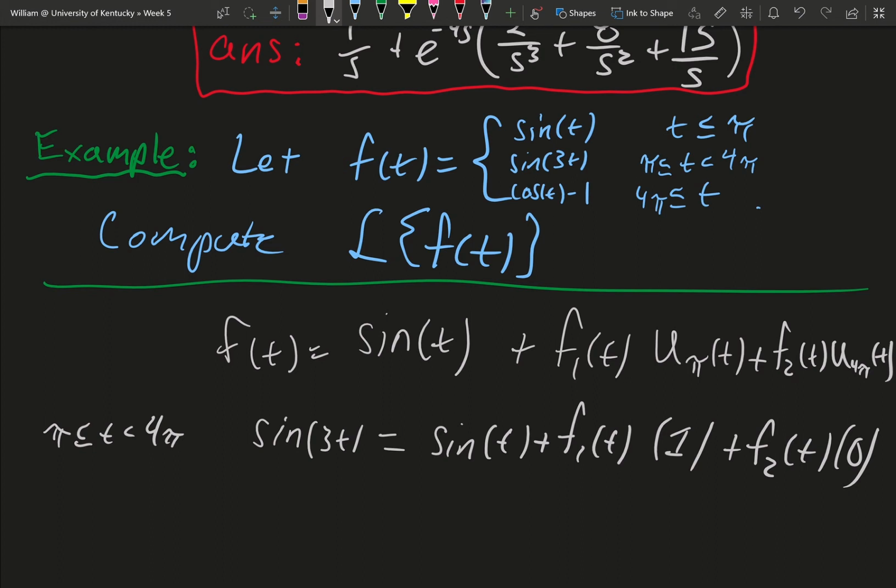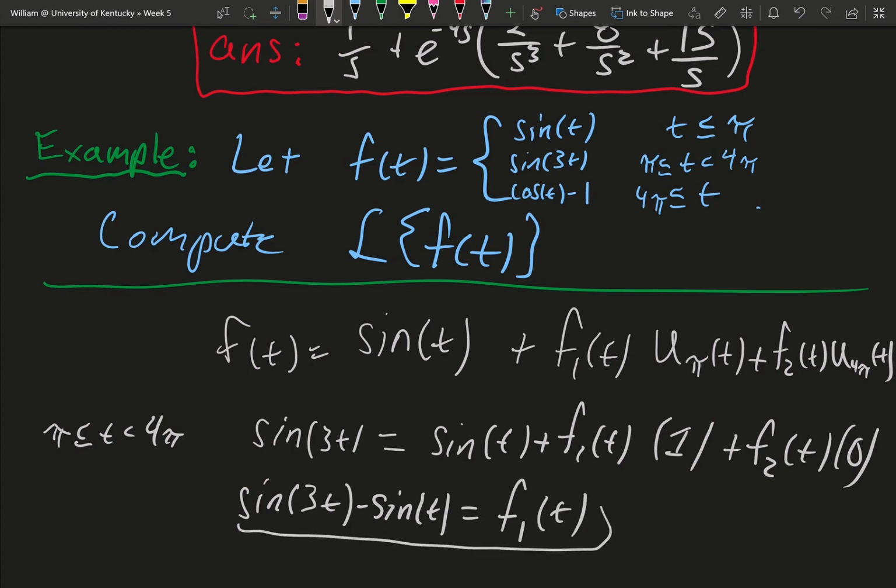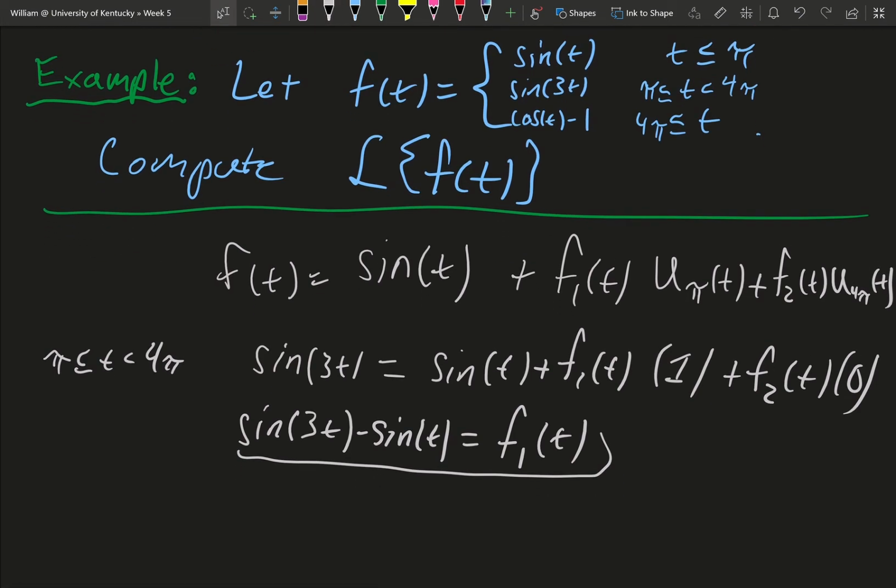And so we can move that sine to the other side. That f1 of t is equal to sine of 3t minus sine of t. Last case, if we're greater than 4 pi, then we're equal to cosine of t minus 1.